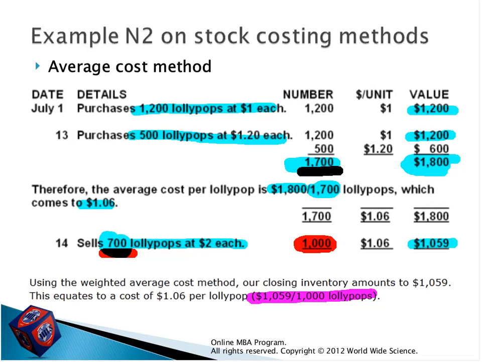Sometimes in the project the figures are rounded, so you might be confused about where it comes from. It's almost $1,060, maybe not 59. Don't worry about this.